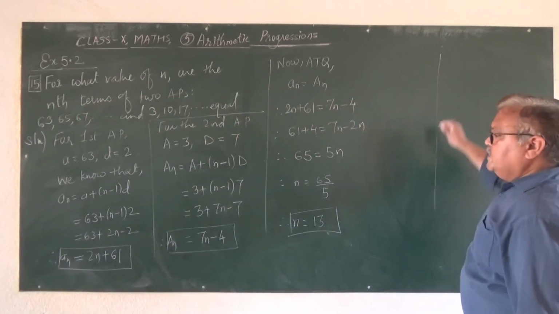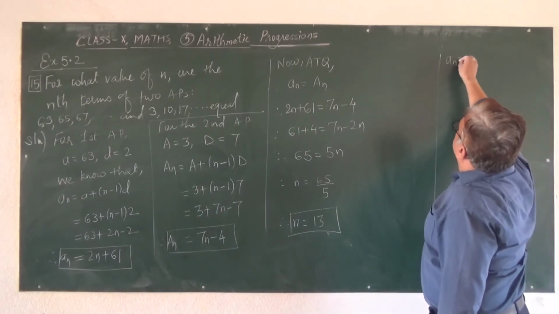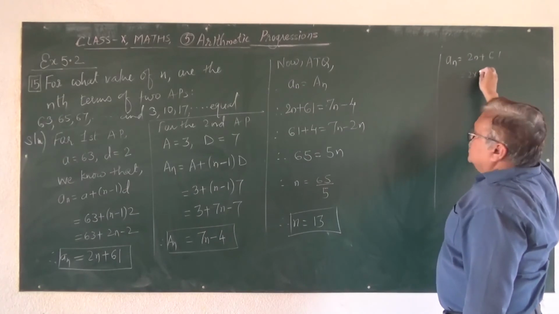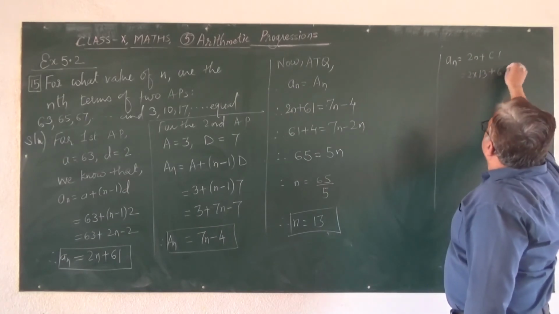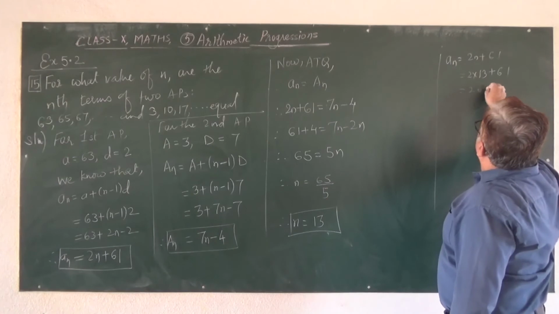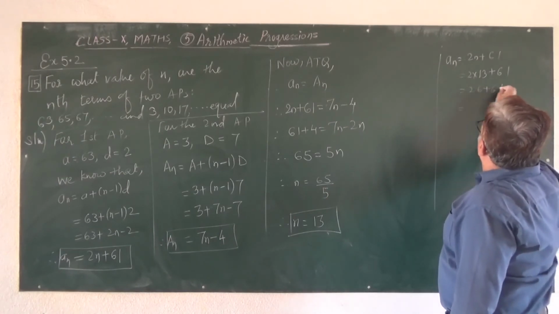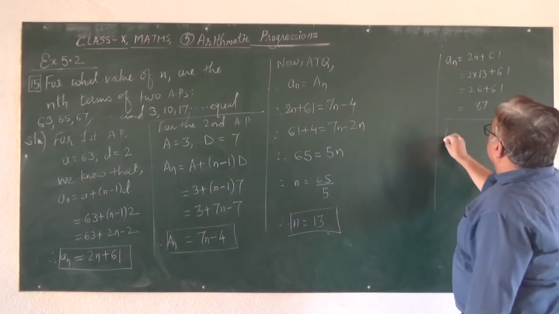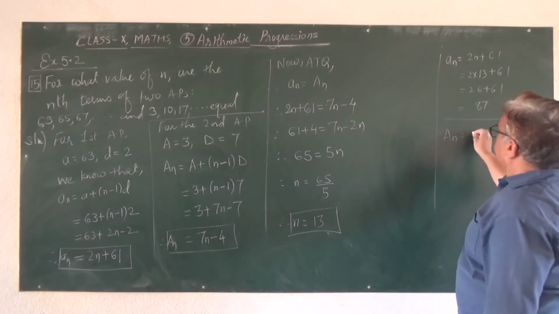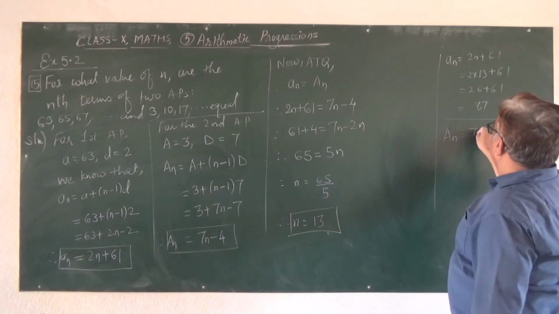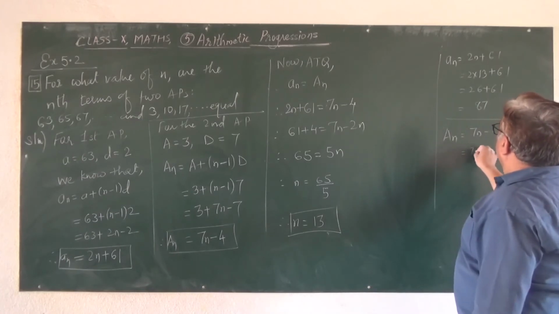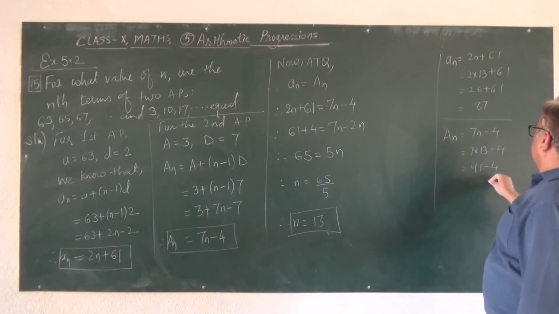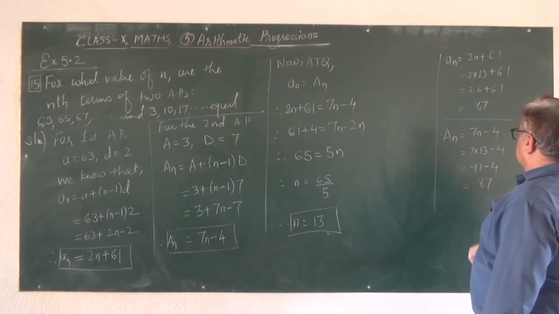For the first AP, 2n plus 61: 2 into 13 plus 61, 26 plus 61, we got 87. Now check for the second AP, 7n minus 4. Put n equal to 13: 13 sevens are 91, minus 4, that is 87.